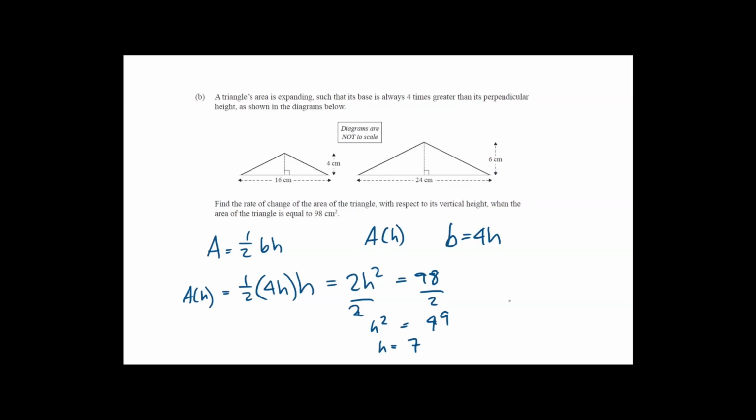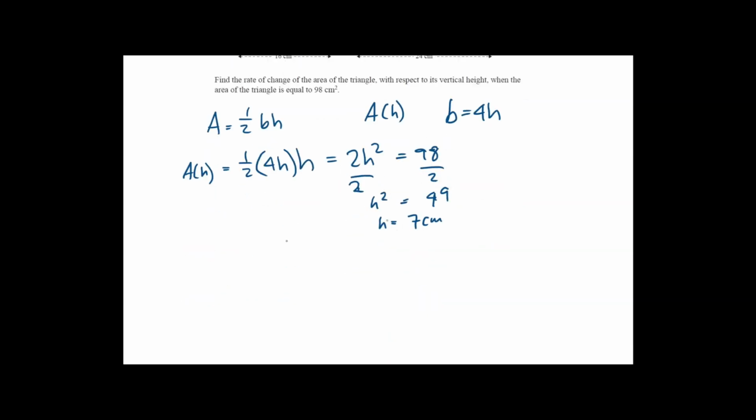So h is 7 centimeters. So we've got A of h. Let's find A prime of h. So A of h is 2h squared, so A dash of h is going to be 4h. And that means that the change in the area with respect to change in centimeters is going to be 4 times 7, which is 28.